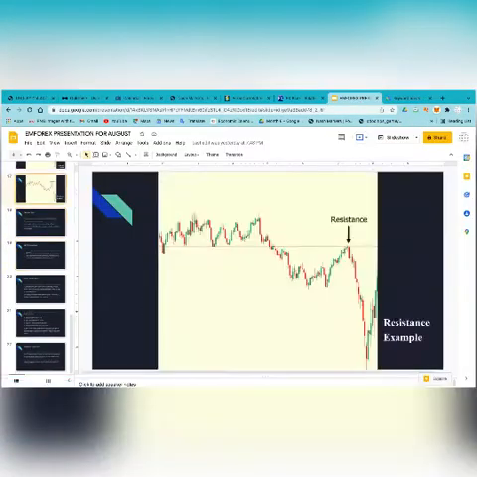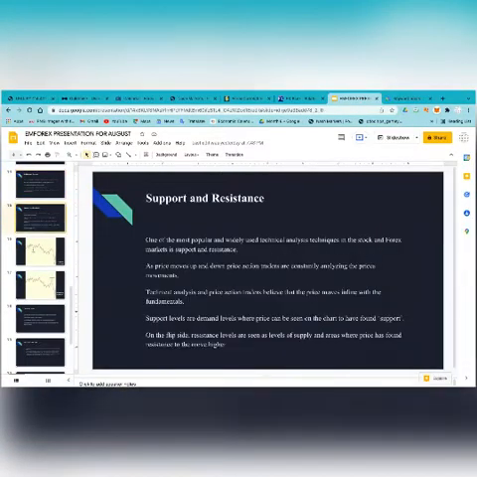All right. Support and resistance is one of the most popular and widely used technical analysis techniques in the stock, forex, and even the crypto market. Even synthetics make use of support and resistance.